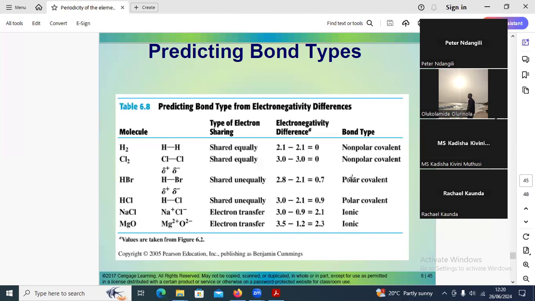And the bond that is going to be formed is polar covalent. Same thing for hydrogen and chlorine. It's polar covalent. But now when you have sodium and chlorine, we are going to have complete transfer of an electron from the sodium to chlorine, forming sodium chloride. And the bond formed here is going to be ionic.